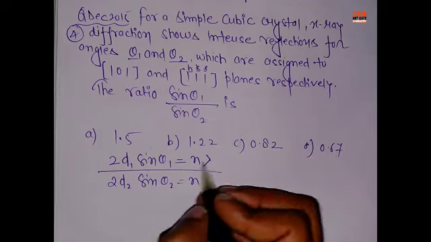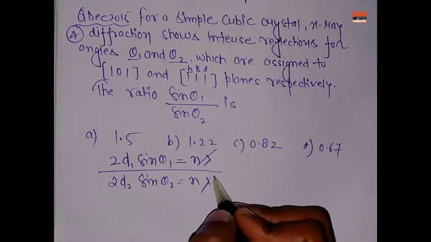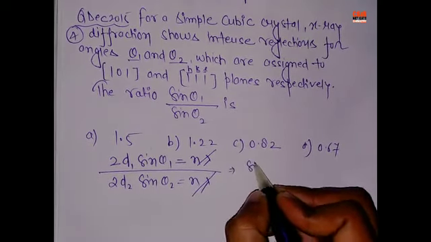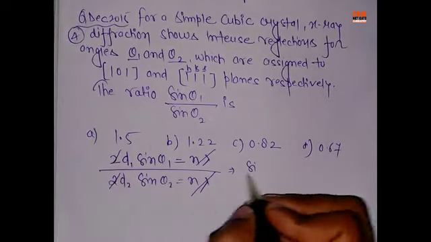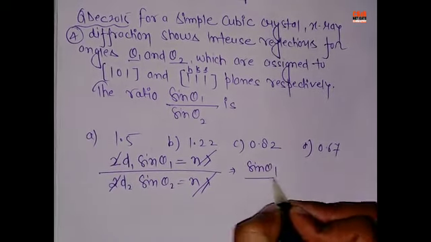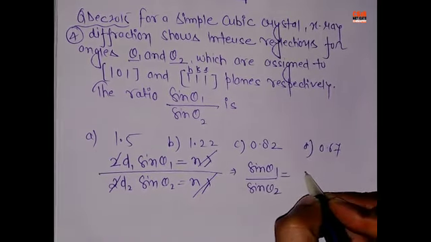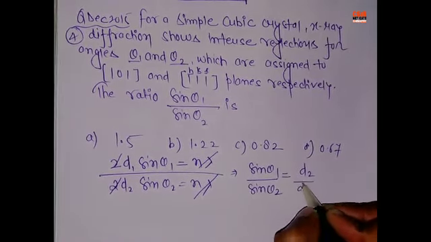If you divide, this n lambda cancels out with that n lambda, and this 2 cancels with that 2. So we have sine theta 1 upon sine theta 2 equals d2 upon d1.